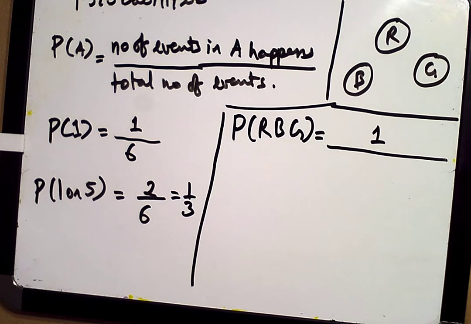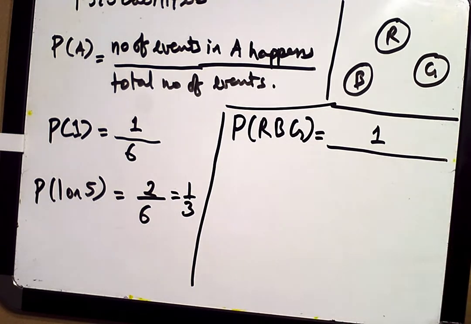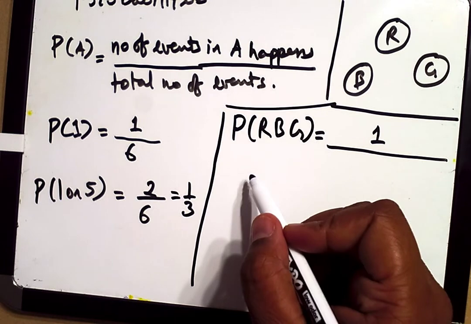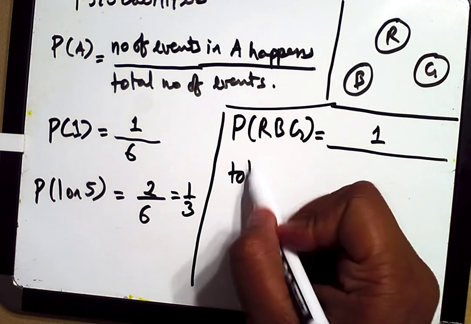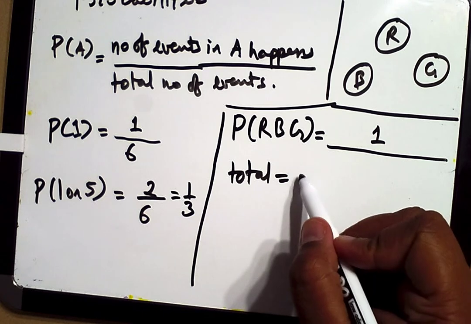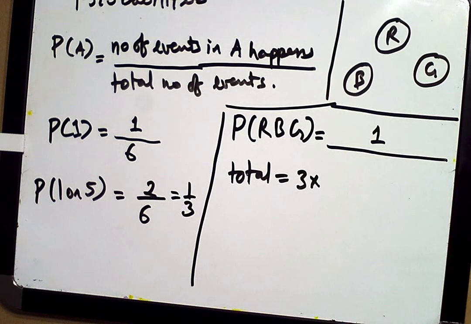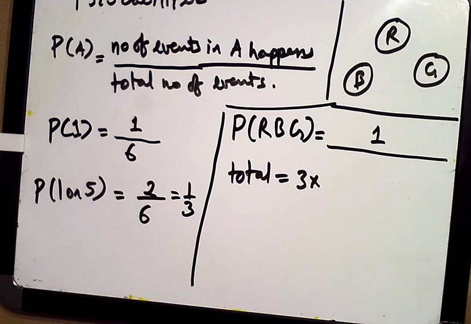But at the bottom, what are the total variations that can be possible? Okay, this one we'll calculate in this way. At the beginning, we have three possibilities: red, blue, or green. After we have picked one of those, let's say blue, then we have two possibilities, red or green.